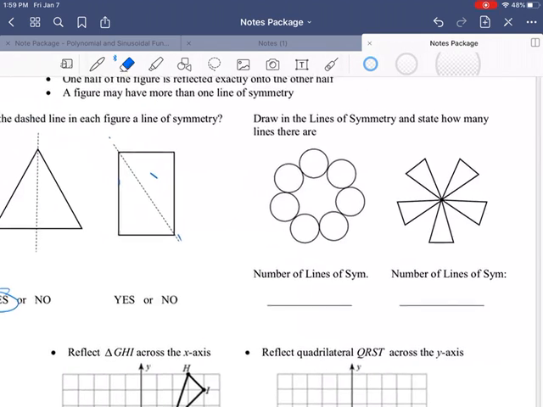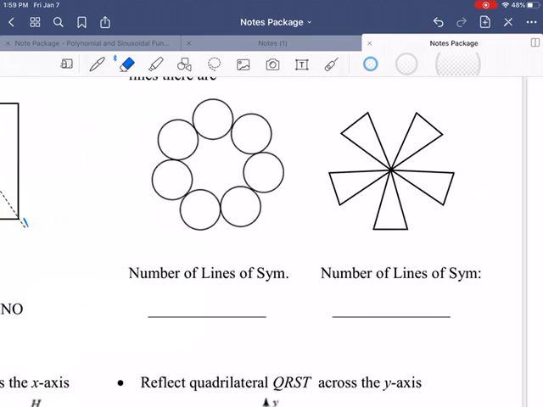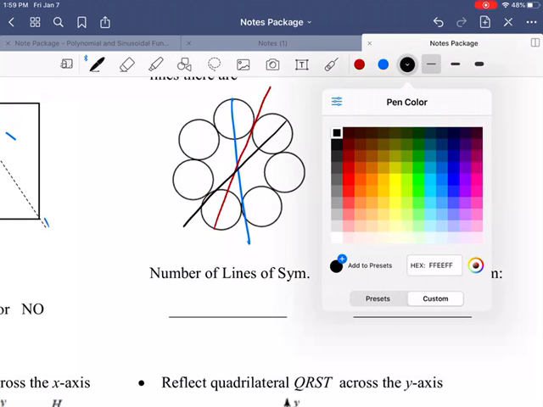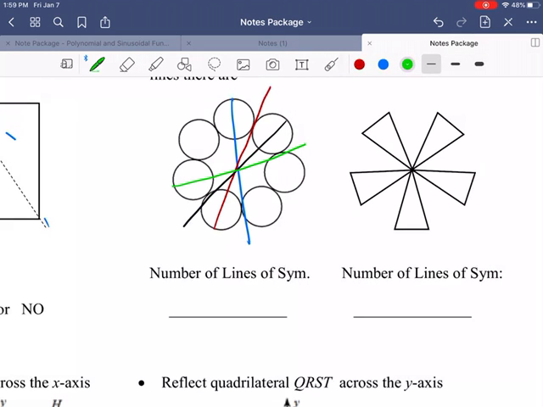Draw in the lines of symmetry and state how many there are. So we can start to see that there's going to be one going this way. And then there's a second one there. And then there's a third one. I'll run out of pen colors here. Let's go green. There's another one.